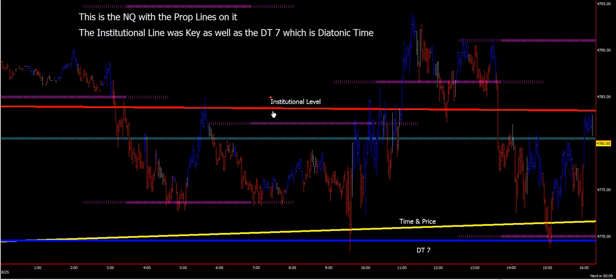Keep in mind that these lines are known way in advance. Once again, as I said in the previous video, with these time and price templates, I can calculate these out 50 years if I want. I can calculate them out 100 years if I want. And you know why? Because time doesn't change.